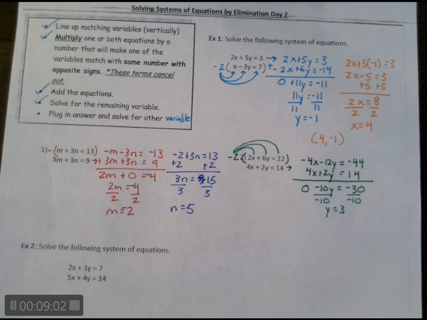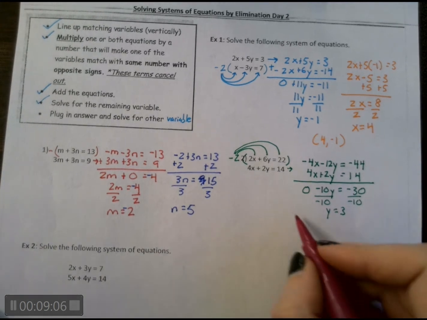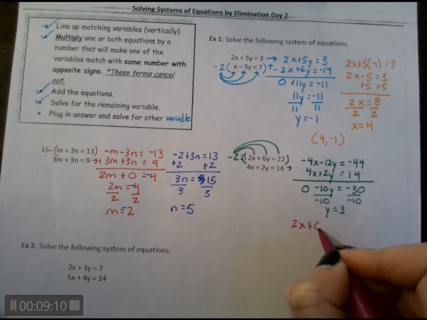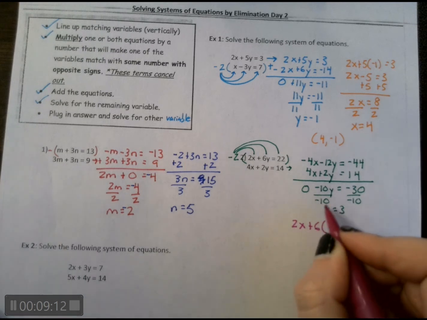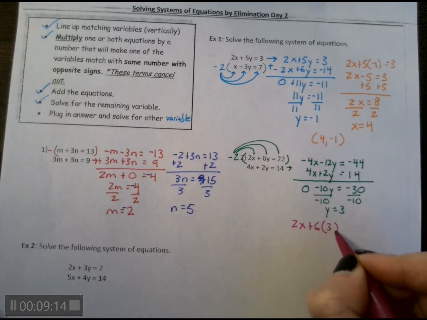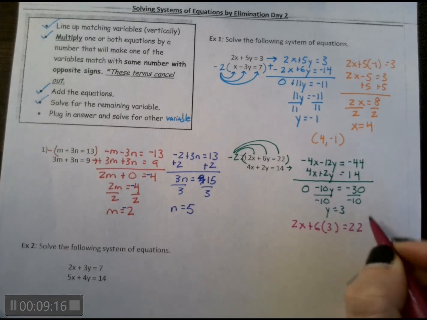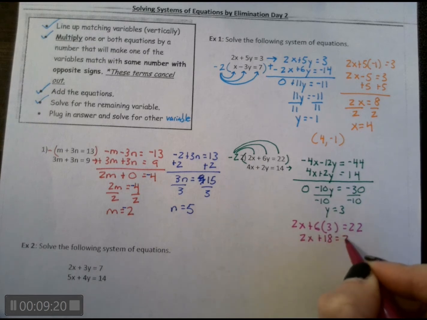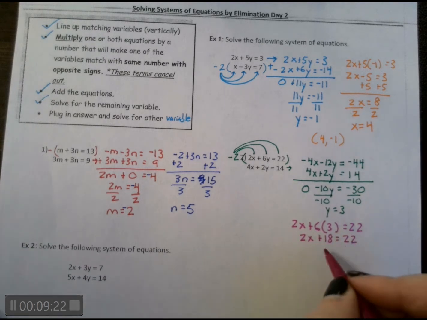We then pick which equation we want to use. I'm going to use the top one again. And so we write 2x plus 6 times our y, which is 3, equals 22. So 2x plus 18 equals 22.